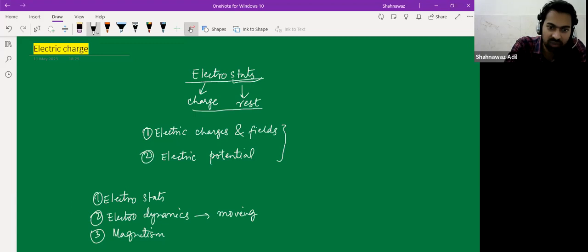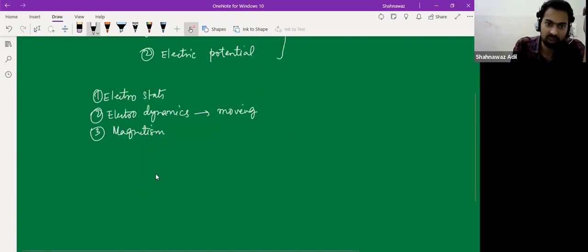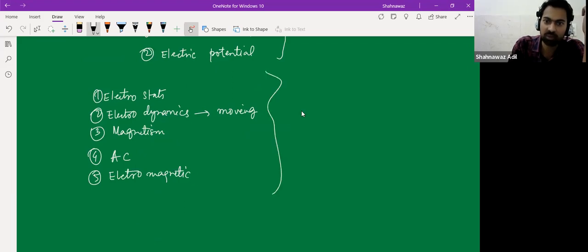So fifth is electromagnetic waves, right? This is the first part of the book.